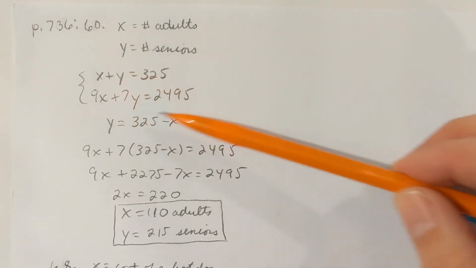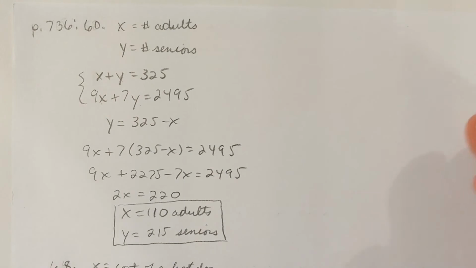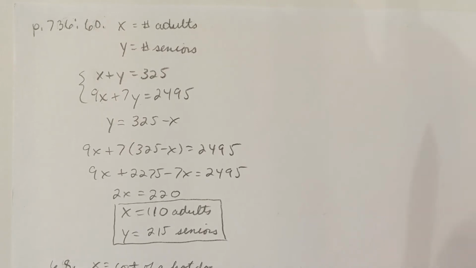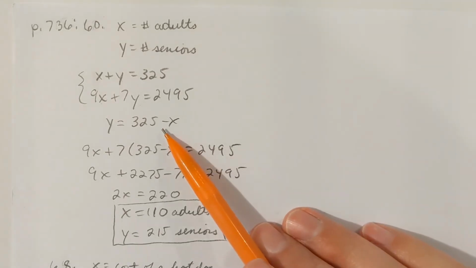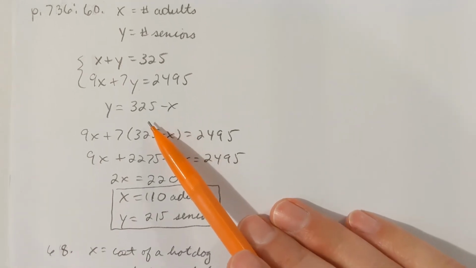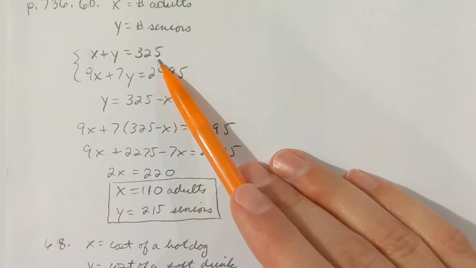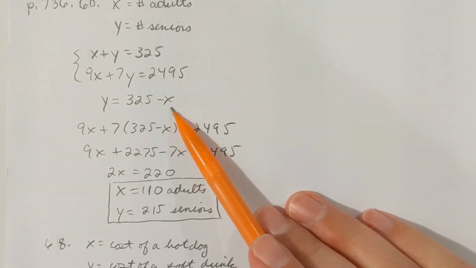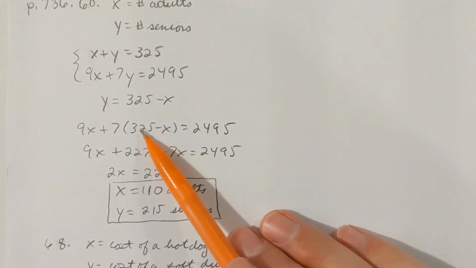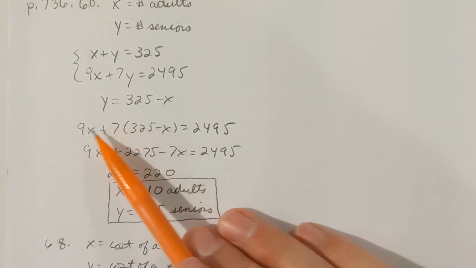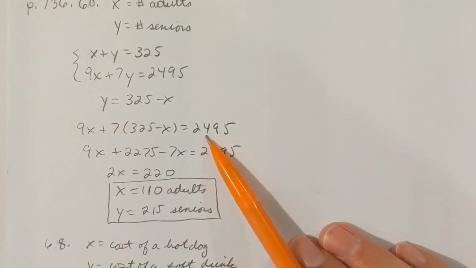Okay, so here'd be the system representing the problem that we're trying to solve. You can use whatever method you want, I guess, if they're not telling you. I'm using the substitution method here, and so I'm going to solve the top equation for y. And where I see y in the bottom equation, I'm going to replace that, so that way everything is in terms of x.